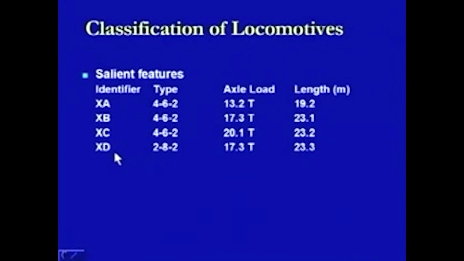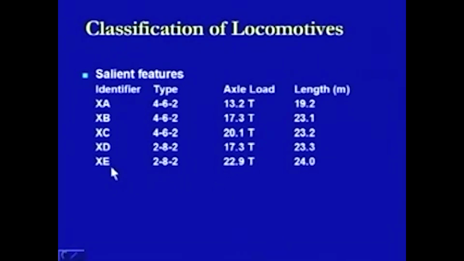This is for the goods condition. The goods traffic is there, therefore what we are increasing is the driving wheels here, and the trailing or front wheels are reduced. Here it is comparable to the XB condition as far as the axle load or the length is concerned.